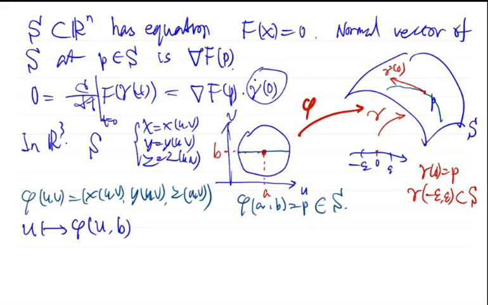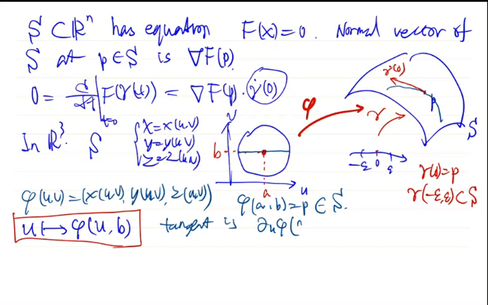Then this segment is mapped by the map phi to a curve on the surface passing through the point P. So the tangent vector is the derivative at the point u equal to a. That is the partial derivative of phi with respect to u at the point (a,b).